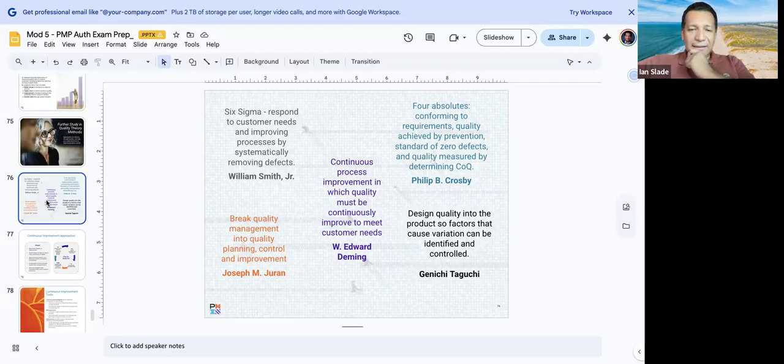That's your 99.7, if you're following Six Sigma. For absolutes, conforming to requirements, quality is achieved by prevention, a standard of 0 defects, and quality is measured by determining cost of quality. That's Crosby. You don't need to remember this for the test, but these are some of the pioneers in this field and the thoughts that they brought forth.